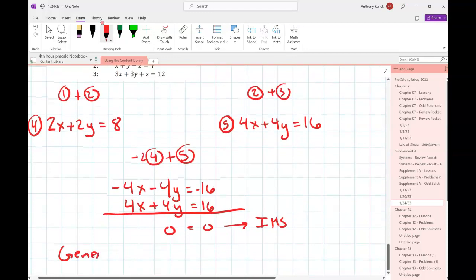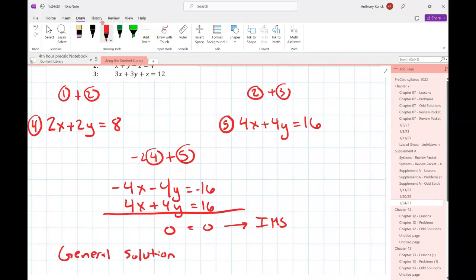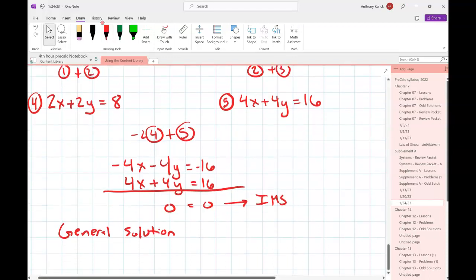Now, how do I get that general solution out of this? So what I'm going to do is take either equation 4 or 5. It doesn't matter. I'm going to choose equation 4.